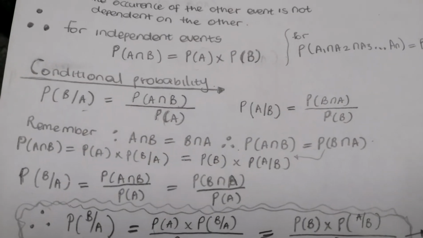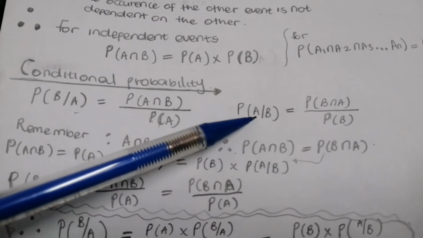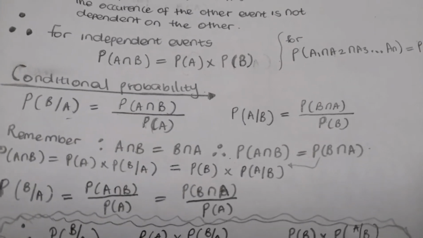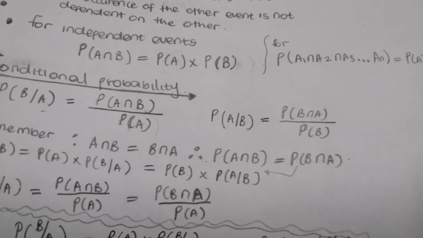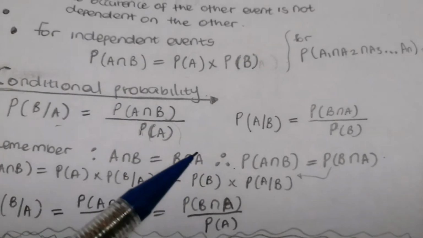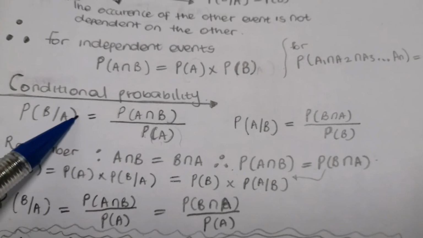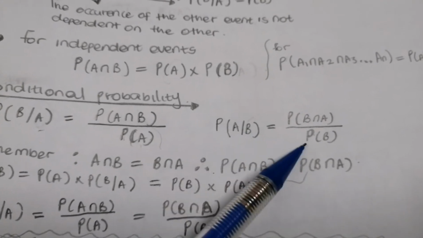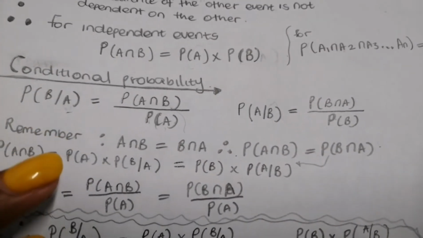The difference between these two probabilities is that, please note, every time your denominator will be the probability of the event you are given.